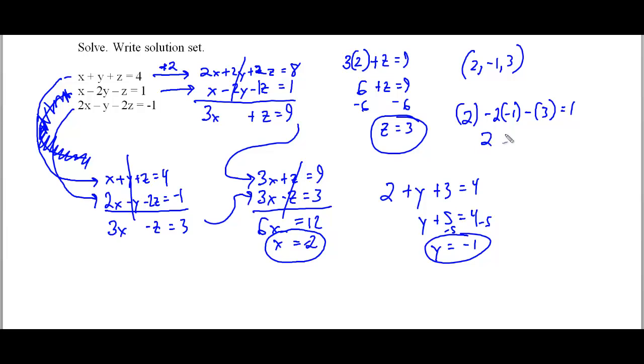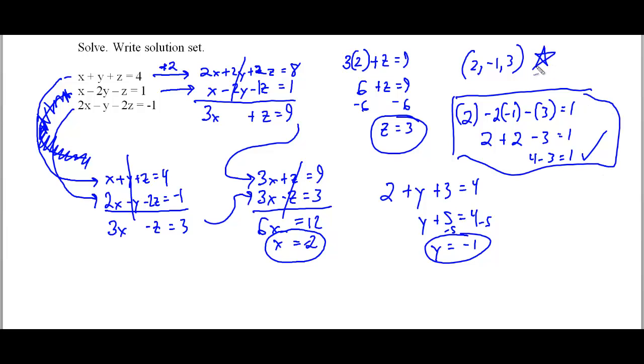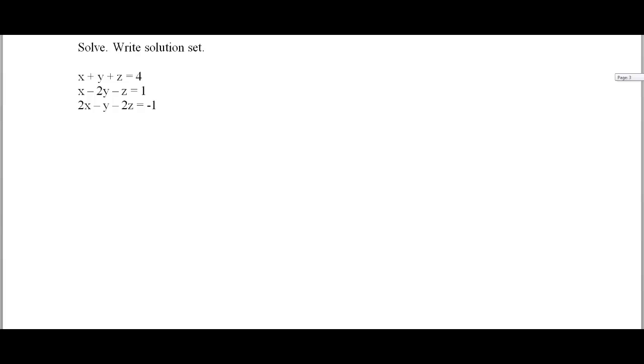So this is going to be 2 plus 2 minus 3 equals 1, or 4 minus 3 equals 1. Check. So there's my check for the problem, and I can verify that my answer is right. If you really want to go overboard, you can do it to the next equation too, but probably after all this manipulation, you'll want to rest a little bit.